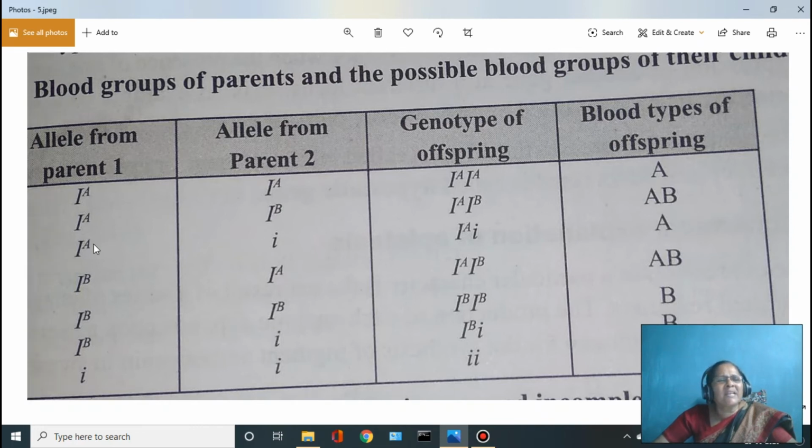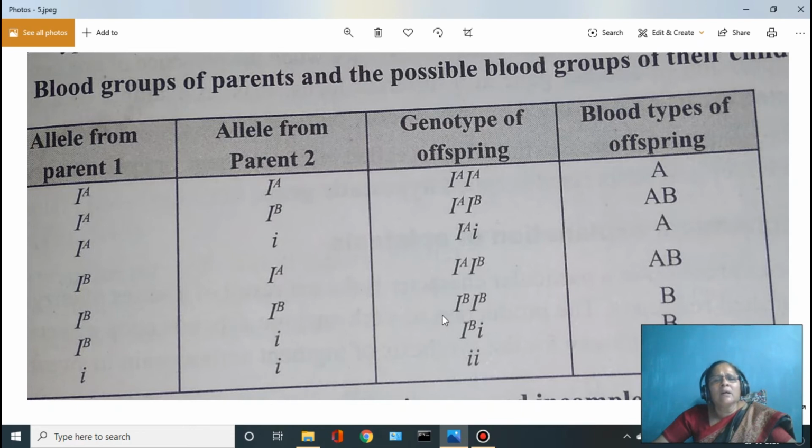If one parent is A and the other is O, the genotype of the offspring is heterozygous A. If one is B and the other parent is A, the genotype of the offspring is AB.